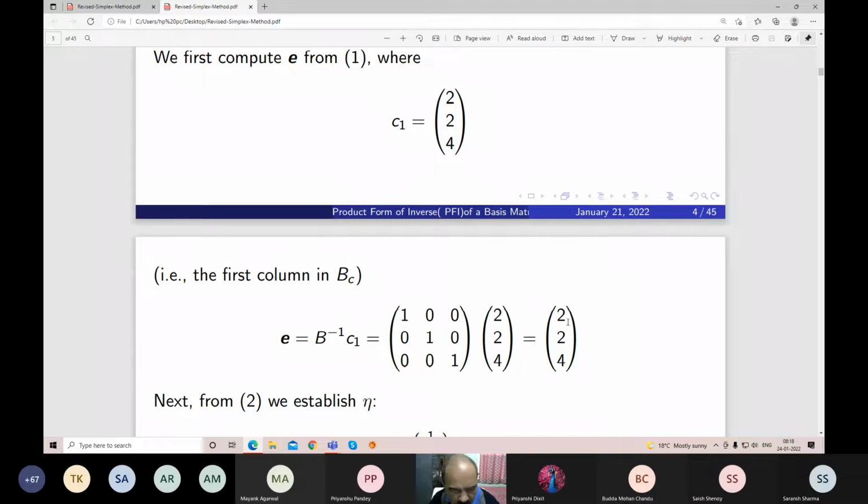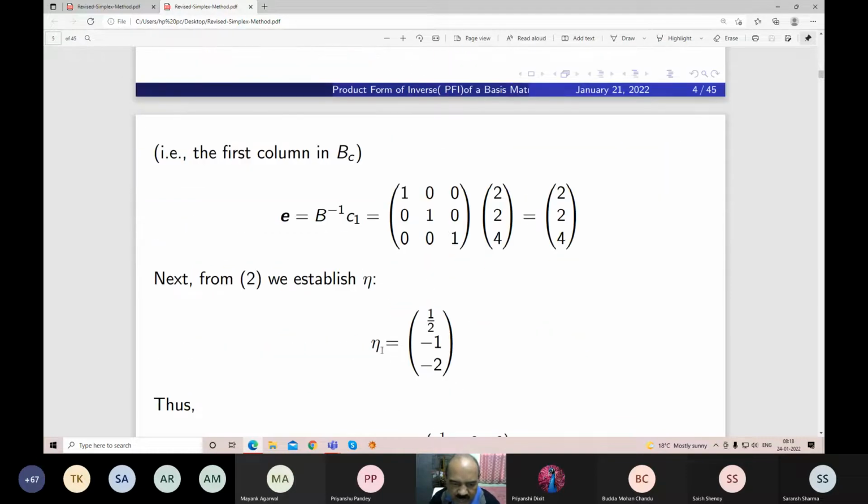That is our E vector. Now with respect to the E vector, we are going to establish eta. Eta equal to, in this manner, the first element is 2, so we'll have the reciprocal 1 by 2.